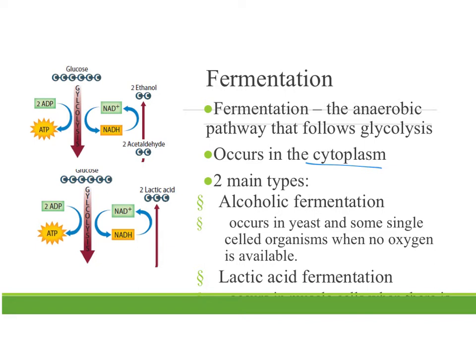Alcoholic fermentation occurs in yeast and in some single-celled organisms like bacteria when no oxygen is available. Lactic acid fermentation can happen in our muscles when we're exercising really hard and there's not enough oxygen. It can also happen in cheese, yogurt, ice cream, and dairy products like that.